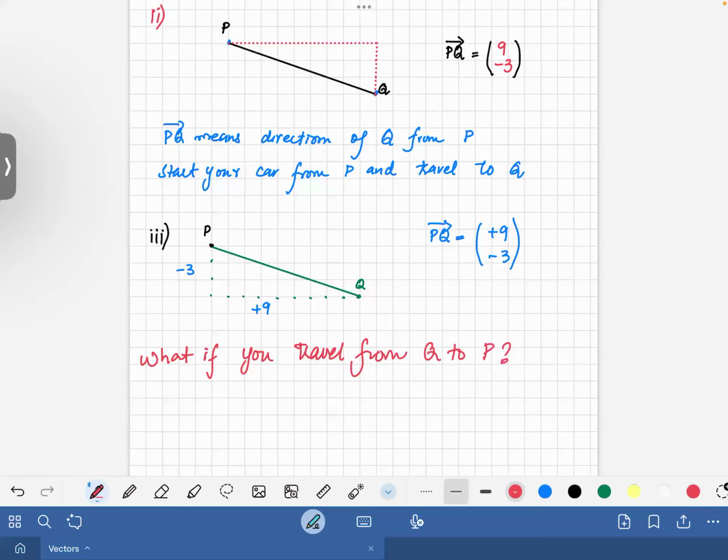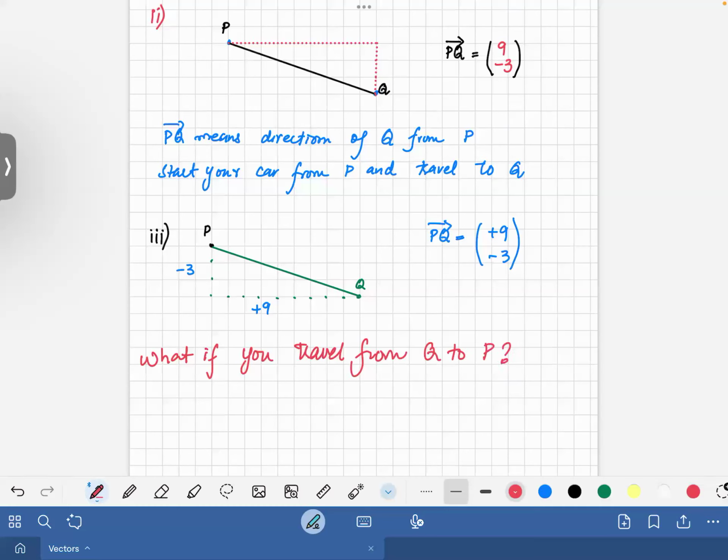So the question is, small a is equal to (2, 3), small b is equal to (-5, 6), small c is equal to (-2, -2). Understood? Part 1 says a plus b. So just write a (2, 3) plus b (-5, 6).